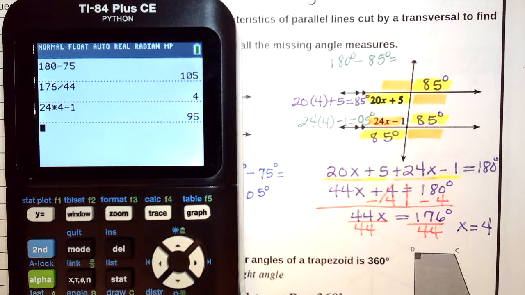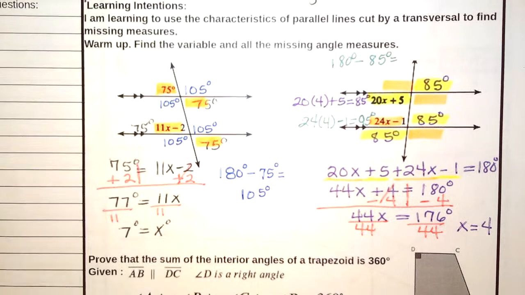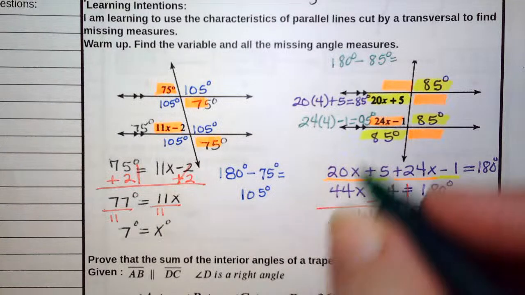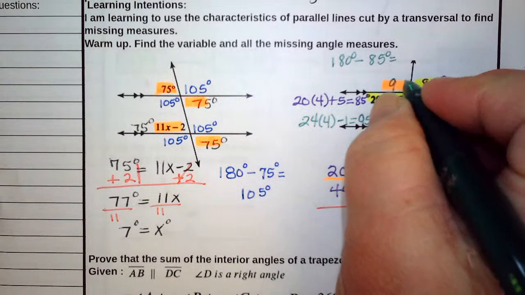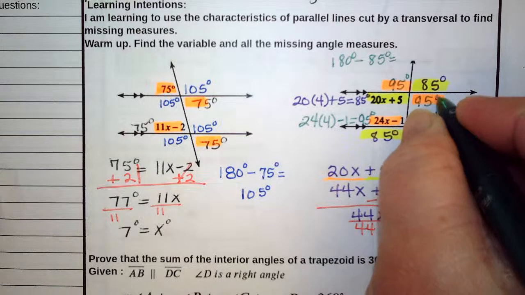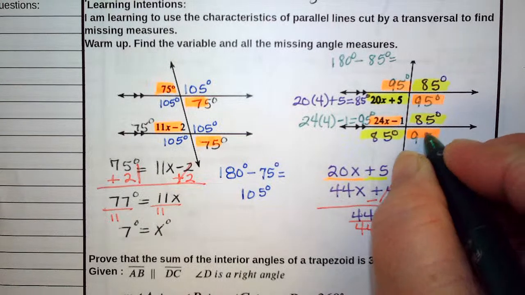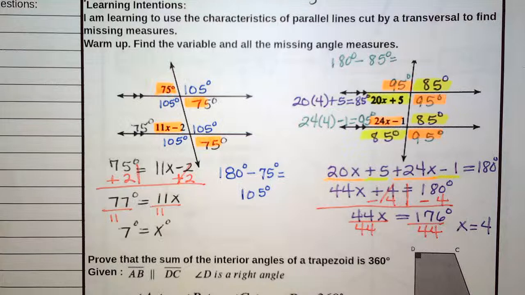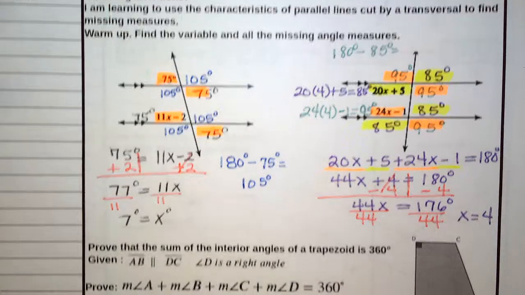Both ways, 180 minus 85 gives me 95. So both ways are equally correct, and the rest are all 95 degrees. Okay, those are your warm-up problems. Hopefully you were able to do those on your own without any help from me.